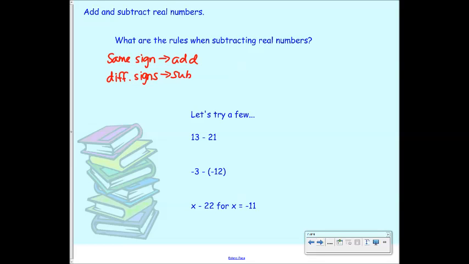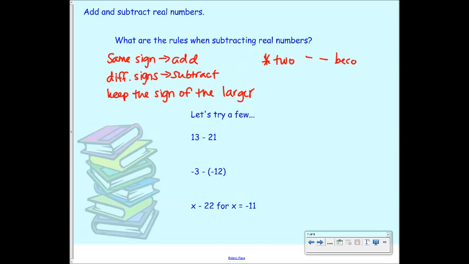Good, keep the sign of the bigger one. Remember that two minus signs in a row becomes a what? Good, becomes a plus.